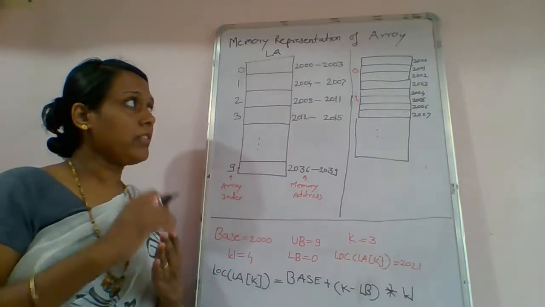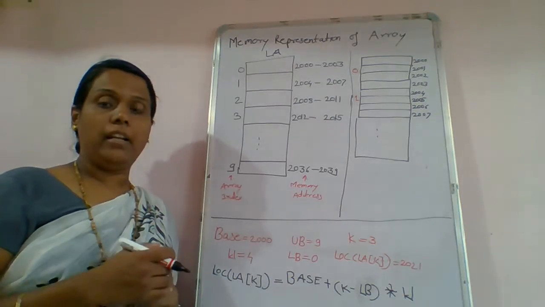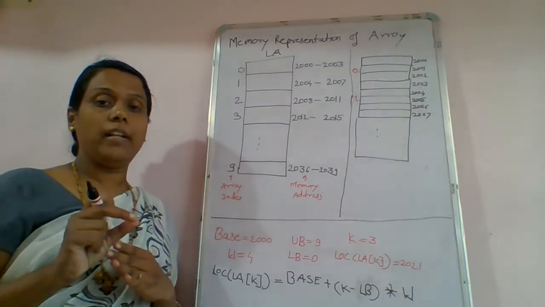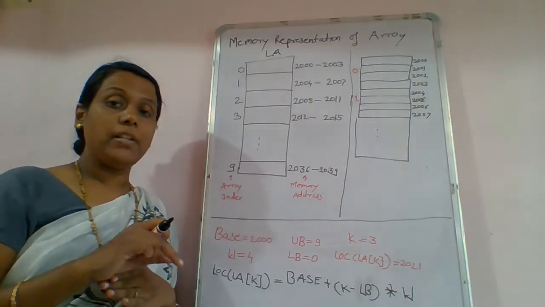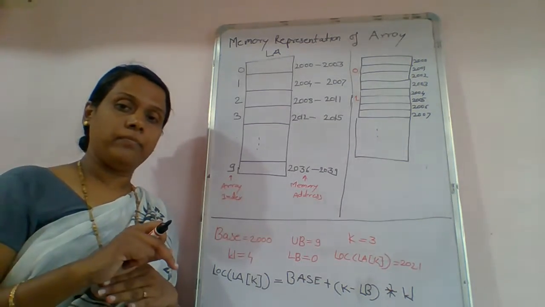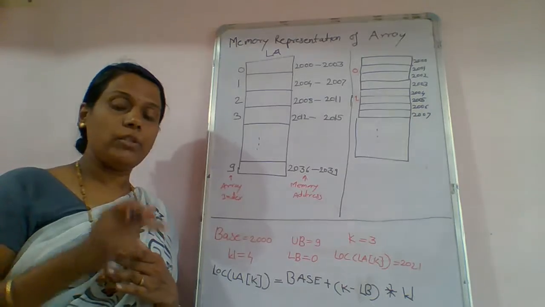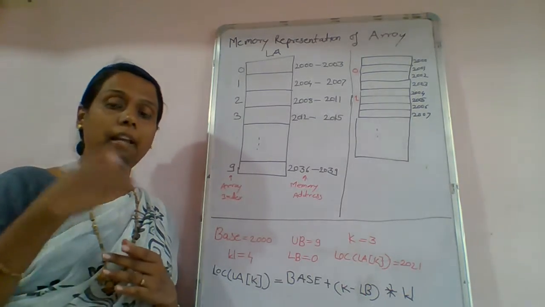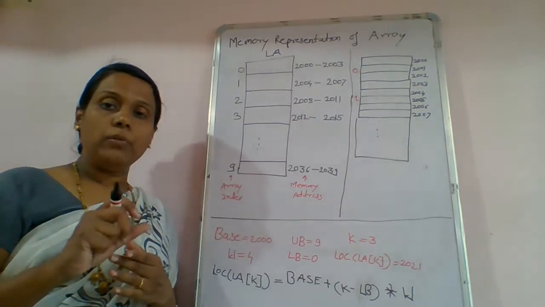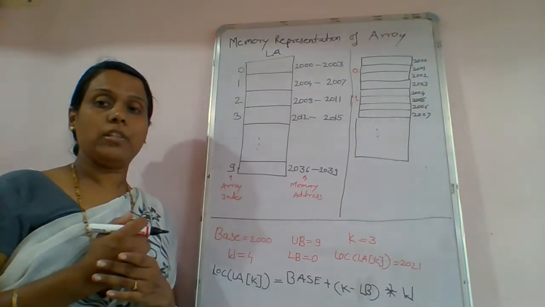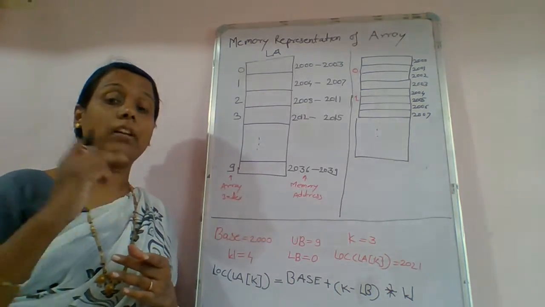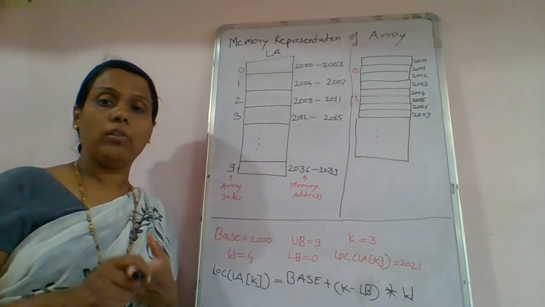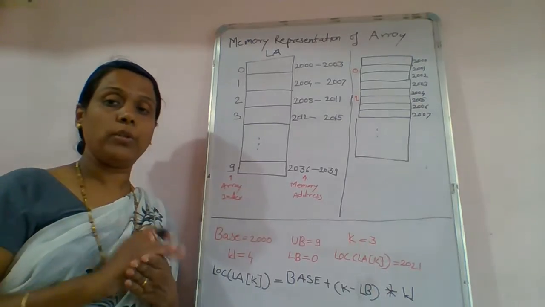Now, when we store data in an array, one data value will occupy some number of bytes. How much memory it requires to store that value depends on which type of data you are going to store.